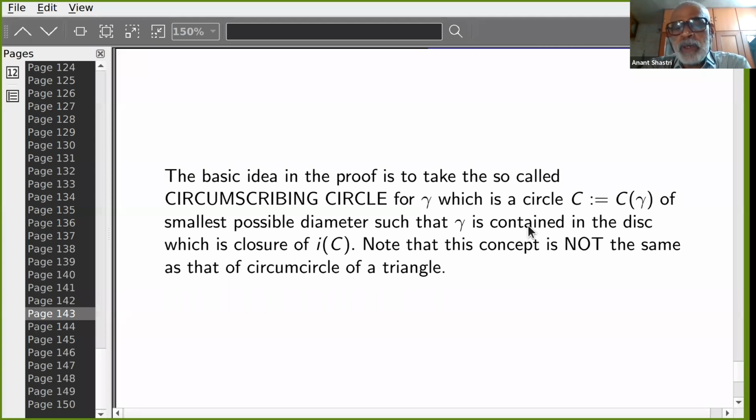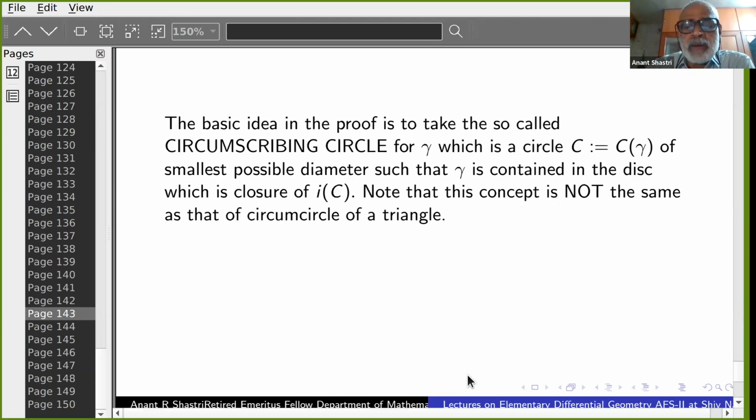Okay, note that this is not the same as your school geometry word circumcircle of a triangle. Now, circumscribing a regular polygon is something different than circumcircle of a triangle. Circumcircle is defined as a circle passing through the three vertices, right? You can test that it is not equal by a simple example.